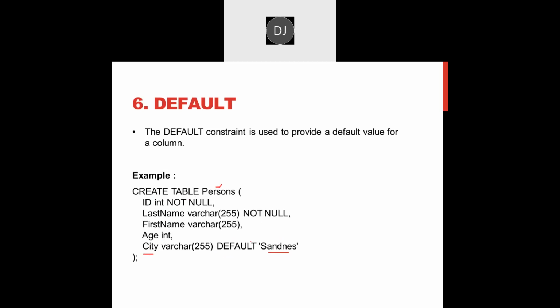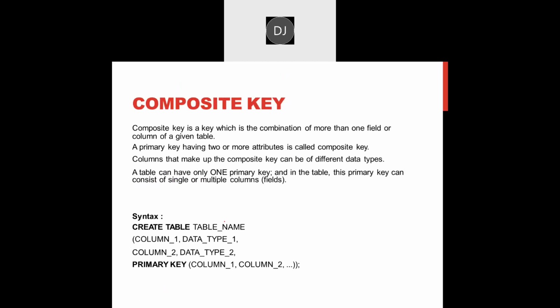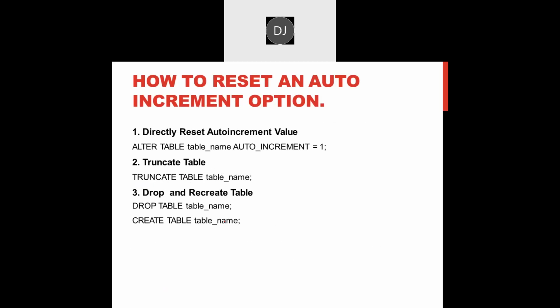It means if you are inserting values into the table and you don't give any value for this city, then it will take the default value Sandnes and fill it. That's how you can allow any table to have a default value other than null. Fine. And create index is also there. Auto increment as well, and reset auto increment.